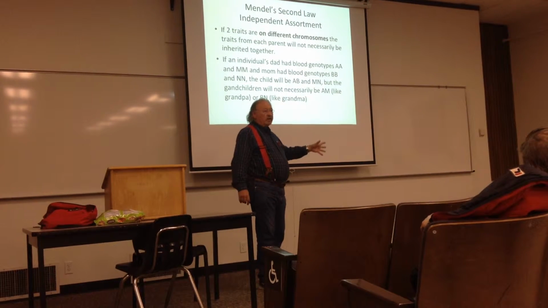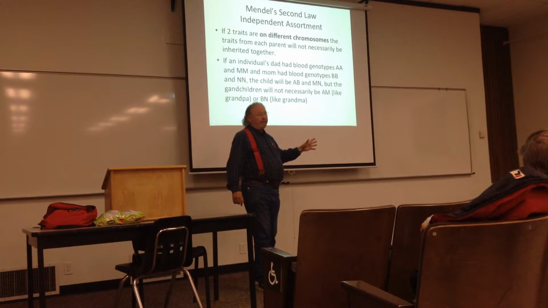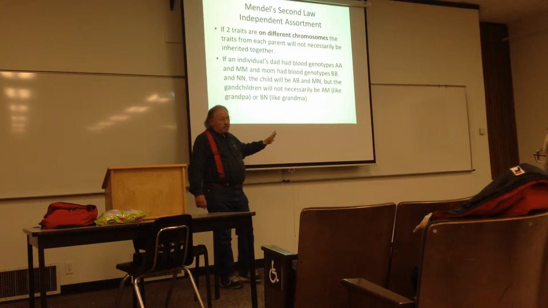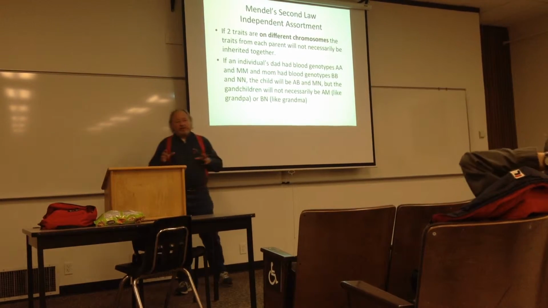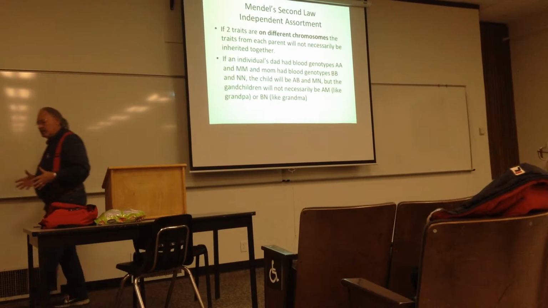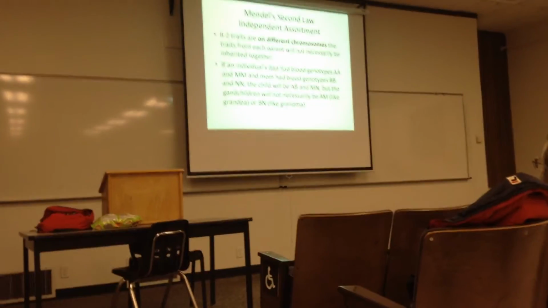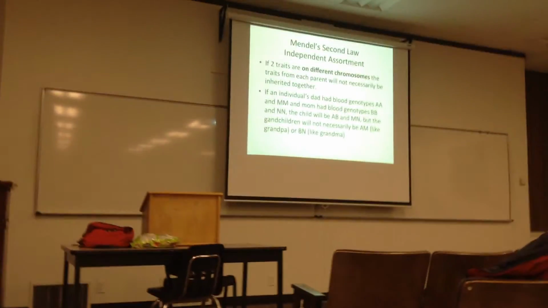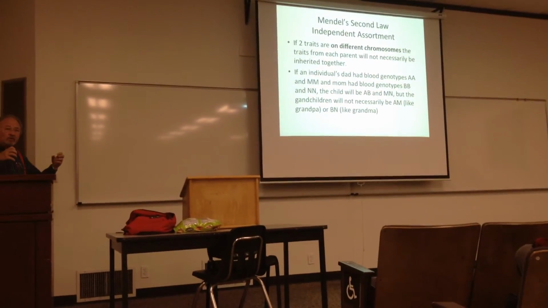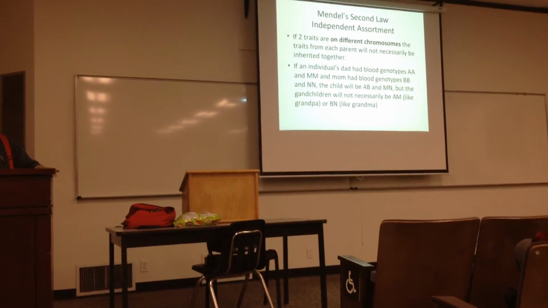They will be inherited together only by chance. And mom's the same. So once again, you get a reshuffling of the deck. When meiosis occurs, chromosomes will separate out, not necessarily paternal alone on one side and maternal alone on the other.